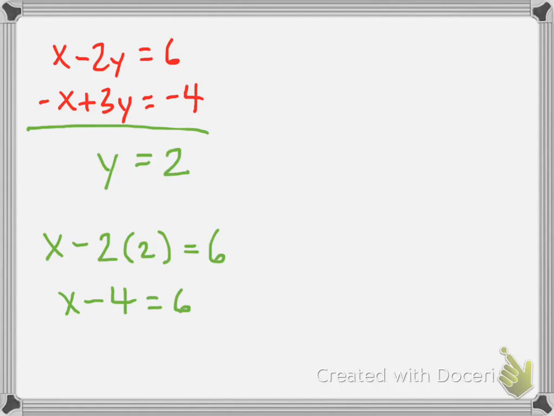Negative 2 times 2 is negative 4, and then I would add 4 on both sides. I'd end up with x equals 10.